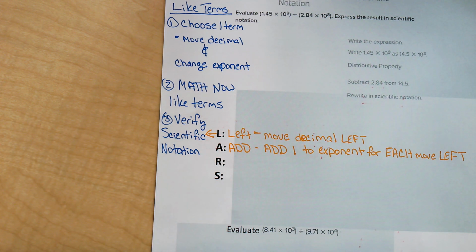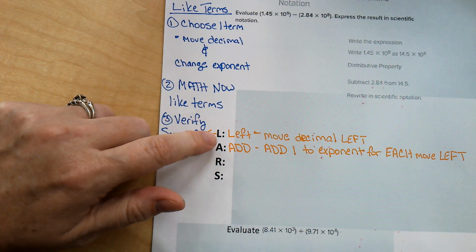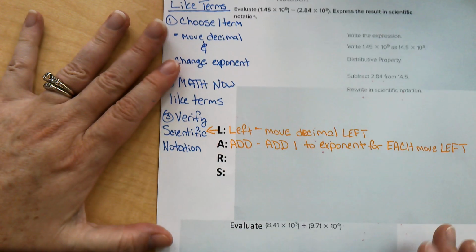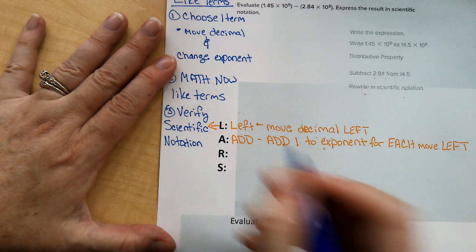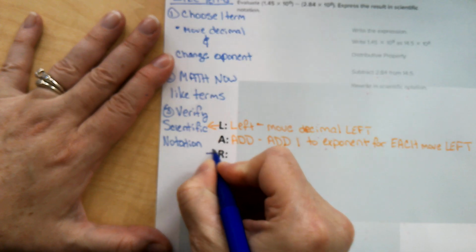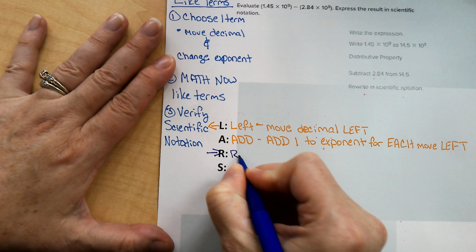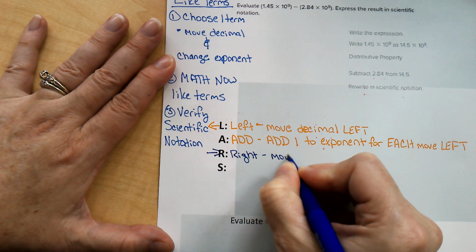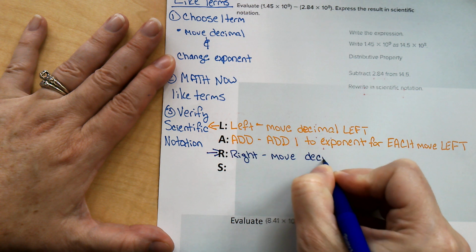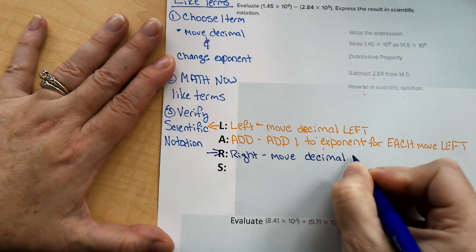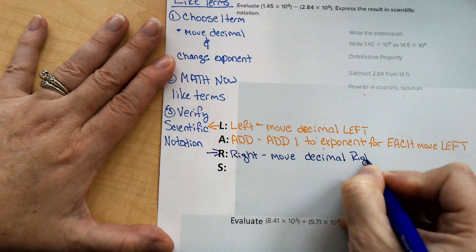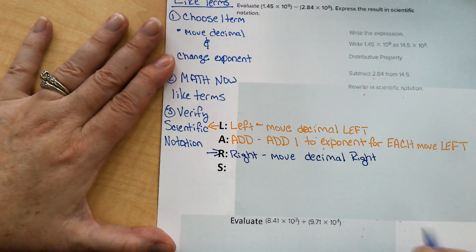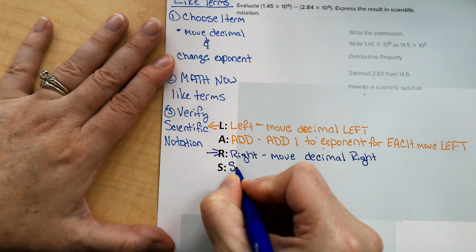R and S. Well, if L stood for left, what do we think R stands for? Right. R is right. And we're going to move the decimal to the right. Okay? And when that happens, we subtract.